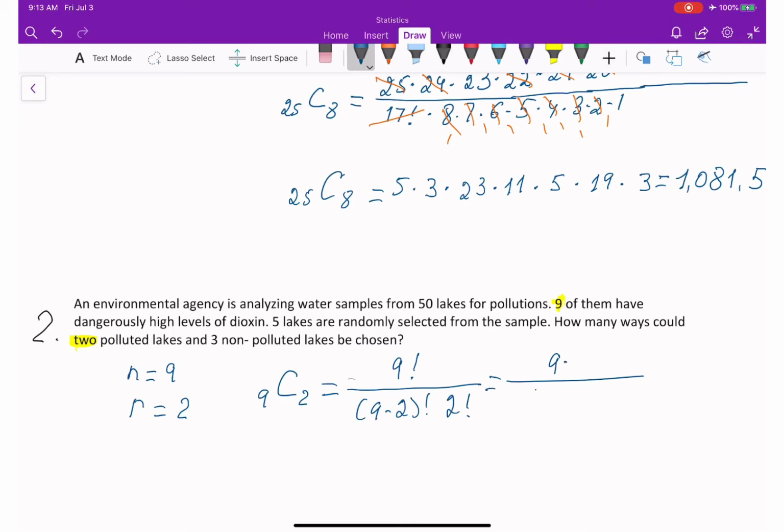Since I have here 7, I'm going to open till 7, and times 2 times 1. So 7 and 7 is gone. And 8 and 2, this is 1, this is 4. 9 times 4 is 36. 36 combinations I can create out of 9 total elements. And this combination consists of 2 lakes each.